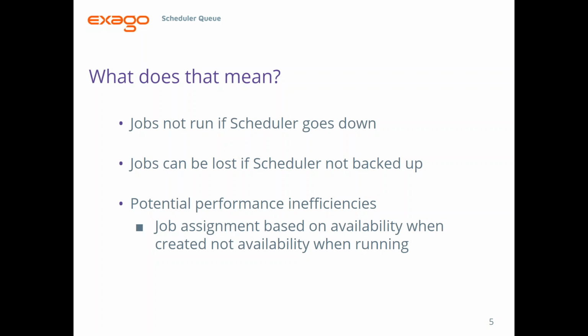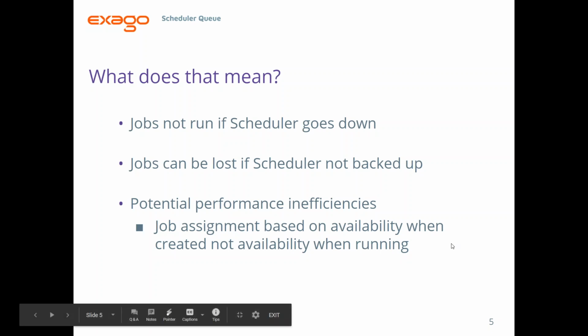Maybe there's a bunch of schedules that run right at midnight, but instead of distributing them across all of your schedulers, maybe one, just by the way they were created and assigned, has all of those at once, and then it has to queue them up one at a time while other servers are sitting idle or just not working under the same amount of load. Right, so job assignment is based on availability when it's created, not at the time it's running.